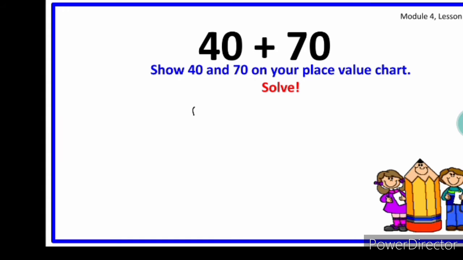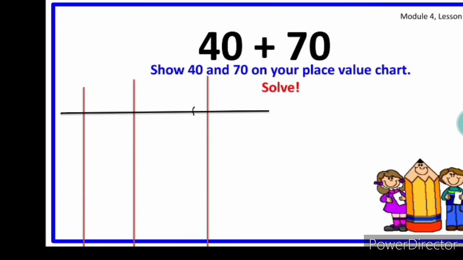Now, 40 plus 70. Show 40 and 70 on your place value chart, then you solve. We are going to represent 40 plus 70 on our place value chart, and we solve. So we draw our place value chart. We have hundreds, tens, and ones.